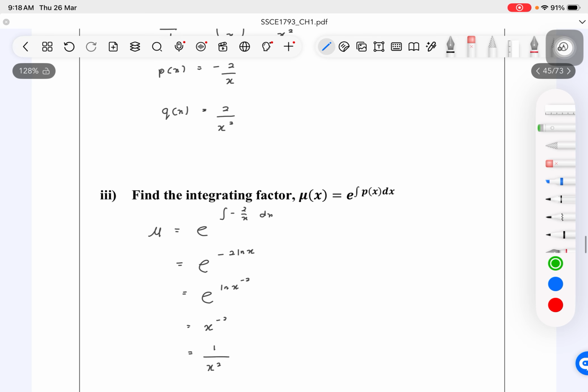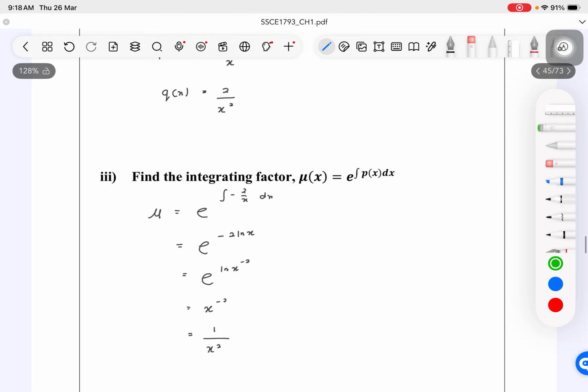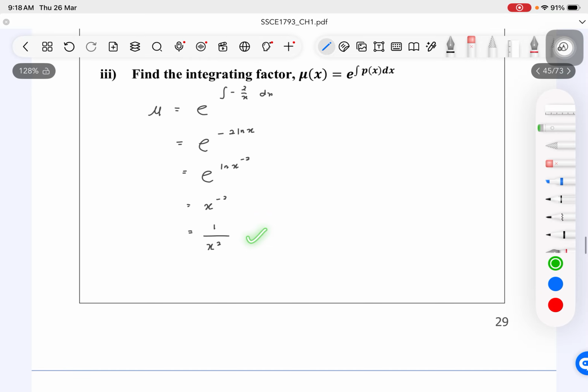Your P(x) just now is equal to negative 2 over x, so substitute here and integrate. It becomes e to the negative 2 ln x. By using the law of ln, you get e to the ln x to the power of negative 2. So e with ln can be cancelled out, and now your mu is equal to 1 over x squared.